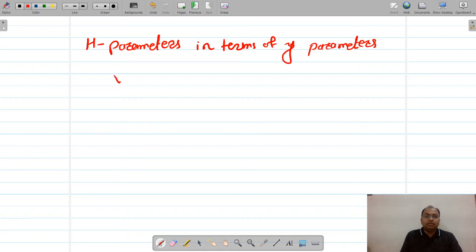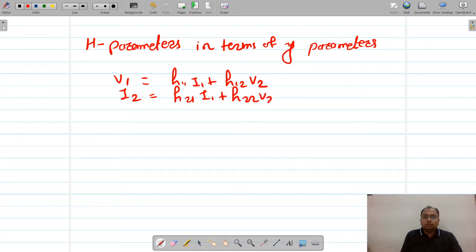So let us write the first equations of the h and y parameters. So these are the h parameter equations.